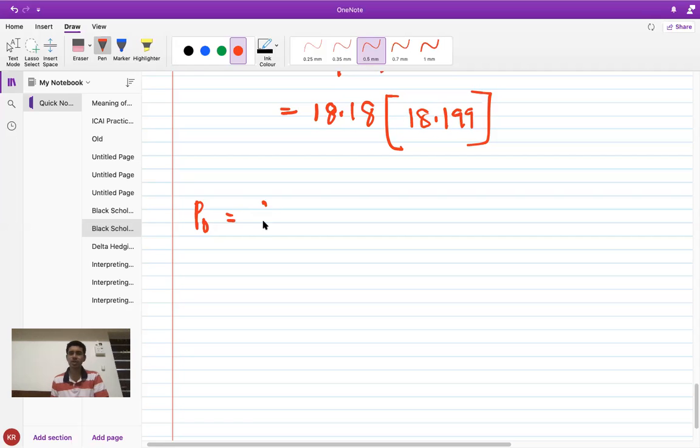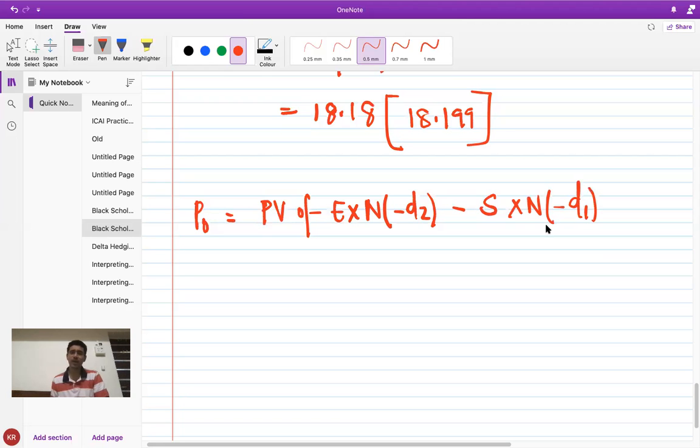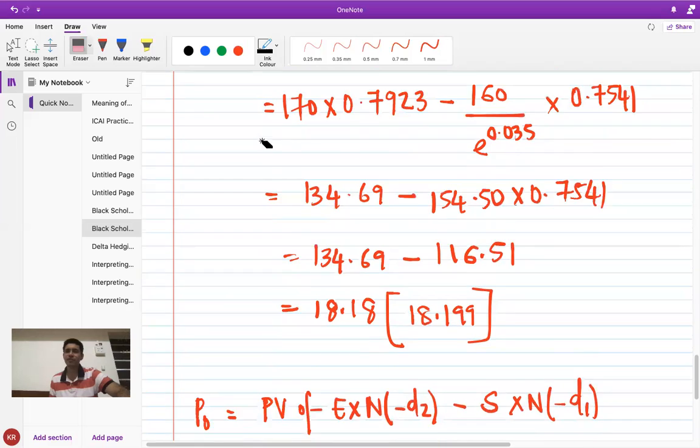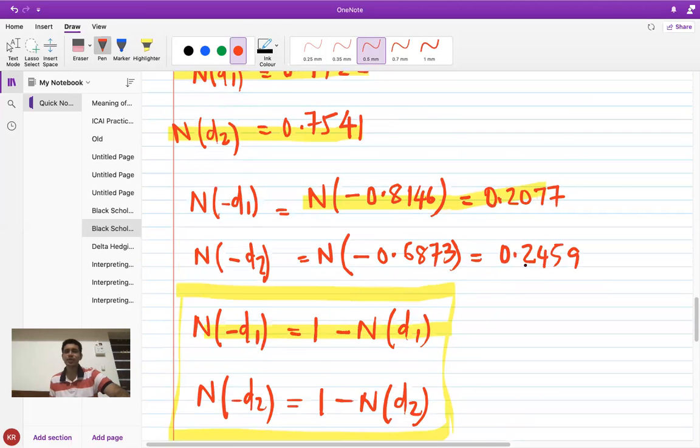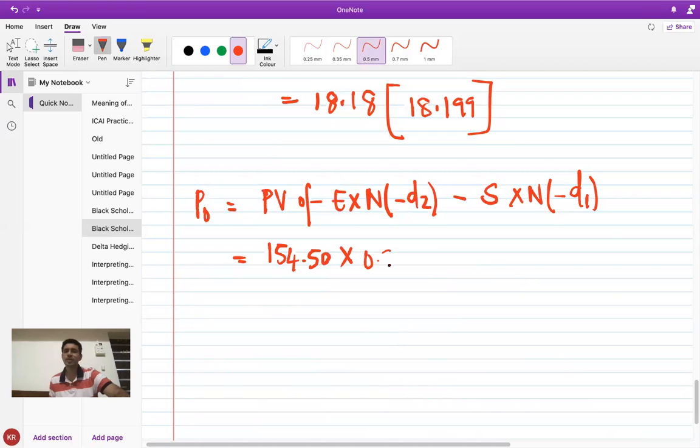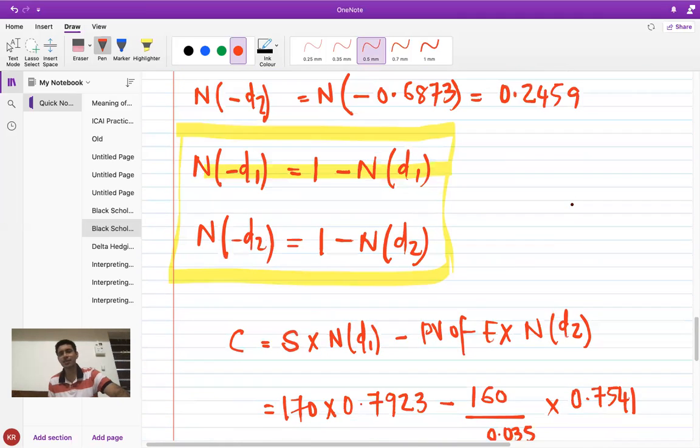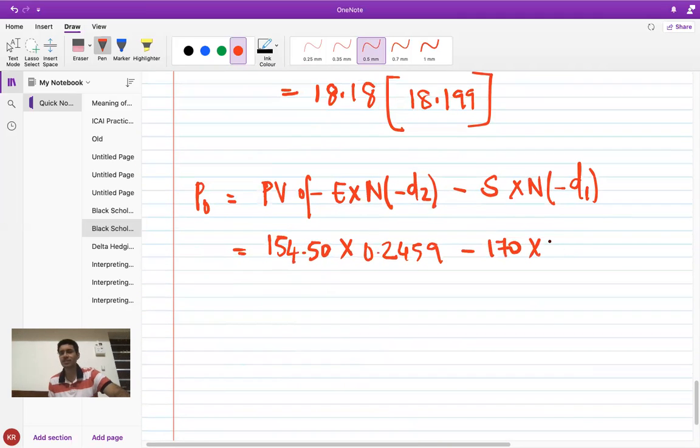Now let us calculate the value of a put option as well. Put option is equal to present value of exercise price into N(minus d2) less spot price into N(minus d1). Present value of exercise price I can take from above where I valued the call. It is 154.5 into N(minus d2), which is 0.2459, minus spot price 170 into N(minus d1), which is 0.2077.